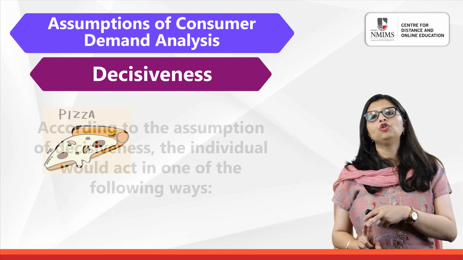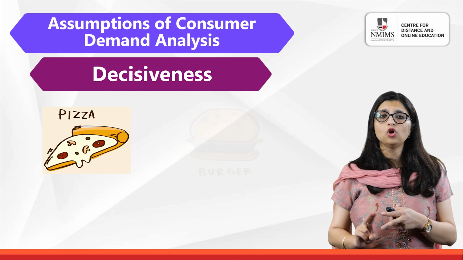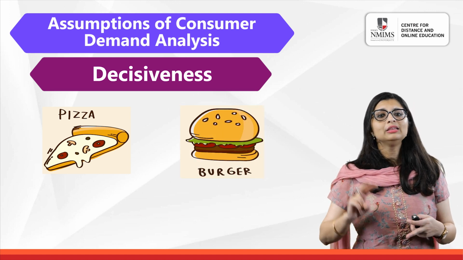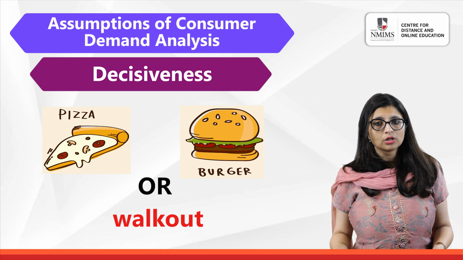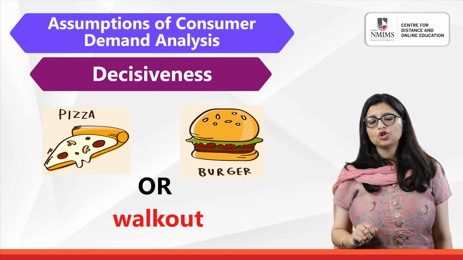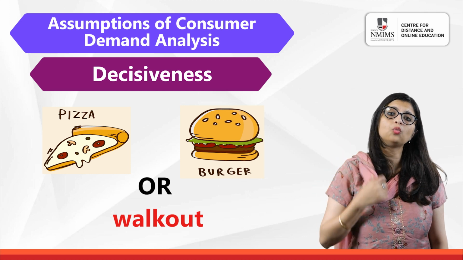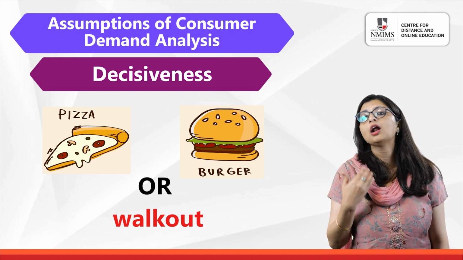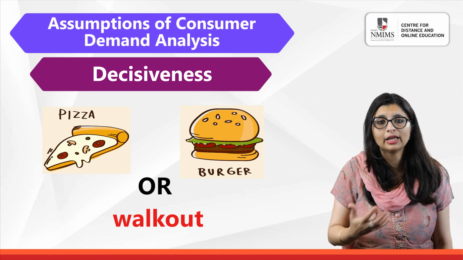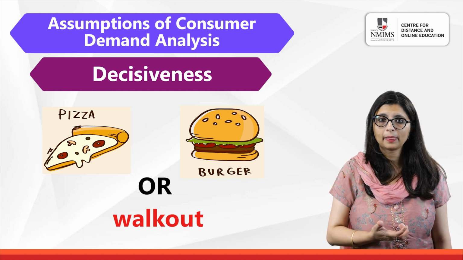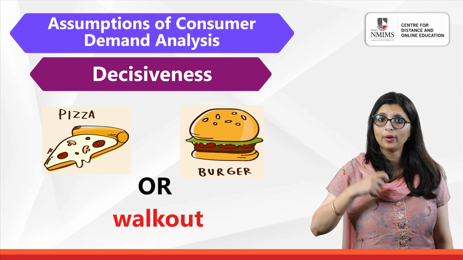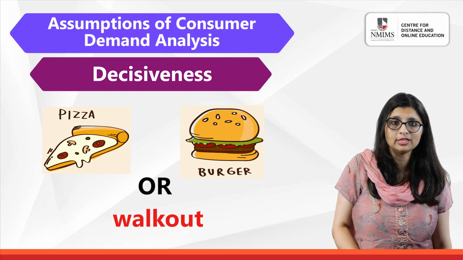Either he would opt for a pizza, or he would opt for a burger, or neither of the two and would walk out. In these scenarios, you would see the consumers are very well aware of what they are doing, which product they are opting for and why. They know it very well, they are very logical when they make their preferences.